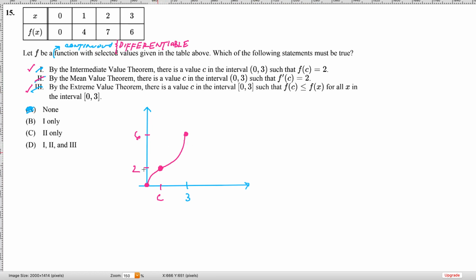So here I have a little bit of a graph of what f could be. The secant line between these two points looks like this.